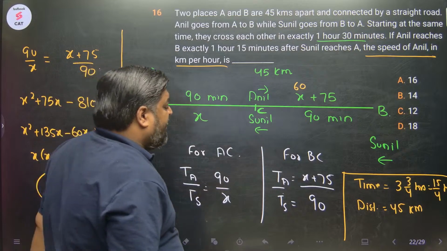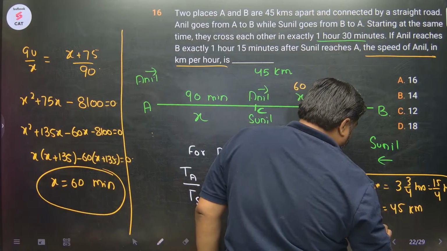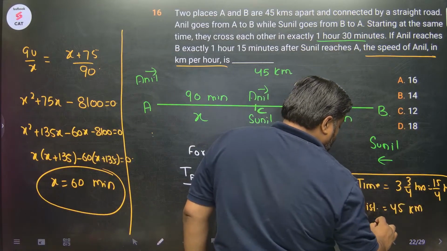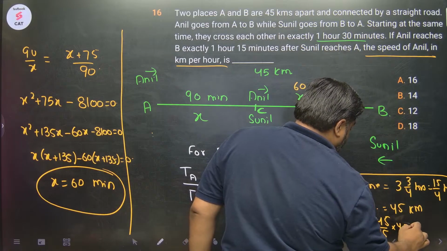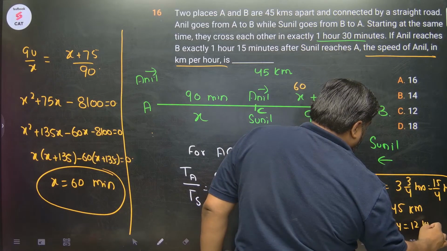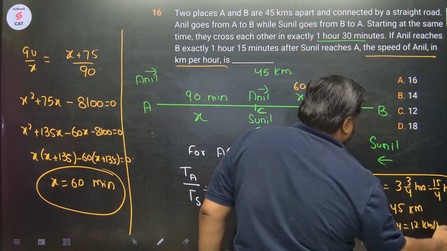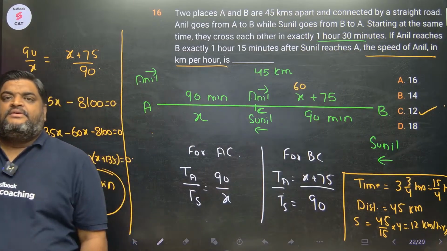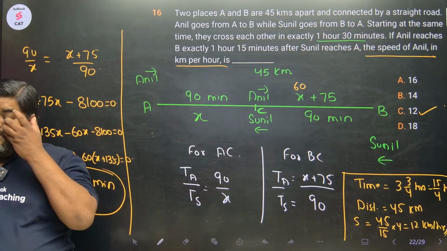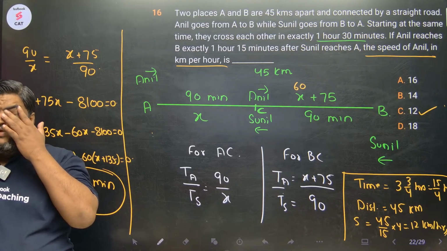What would be the speed? So speed would be distance by time, 45 by 15 into 4, 12 kilometer per hour. 12 kilometer per hour. बोलो हाँ जी, बोलो यस सर.